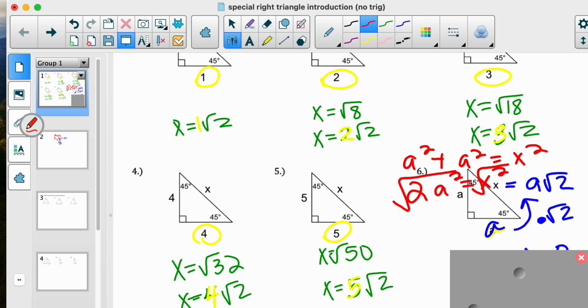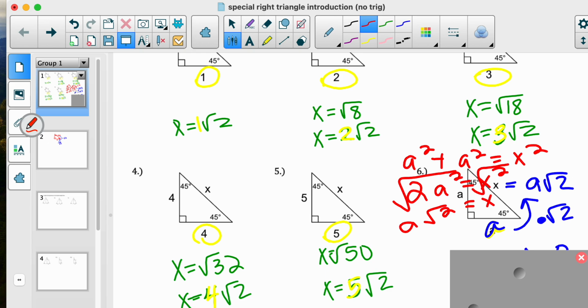I know some of you left your answer right here, but we can simplify this more. The square root of x squared is just x. The square root of 2a squared is a. You can bring the a out front, and your square root of 2 stays.